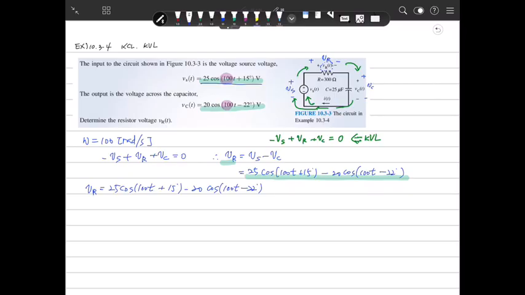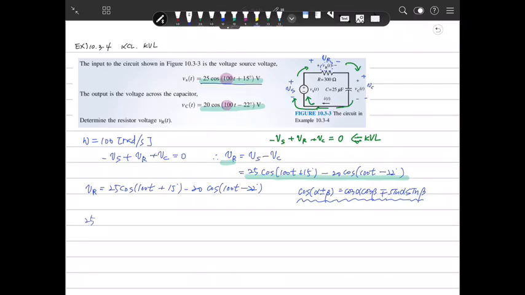So to do that, what should we do? We need to use the identity: cosine of alpha plus or minus beta is cosine alpha cosine beta minus or plus sine alpha sine beta. We can use this identity.